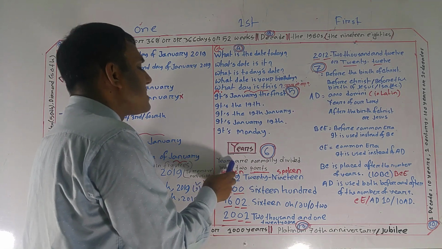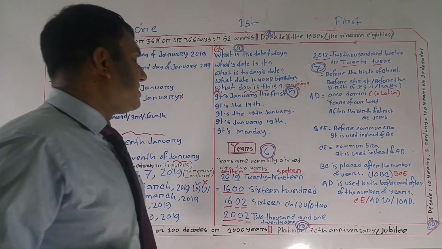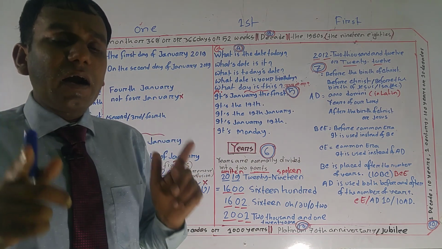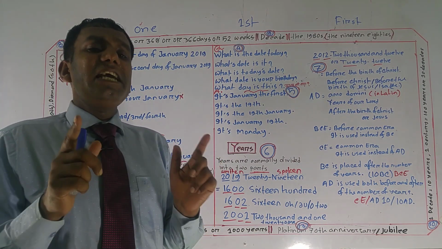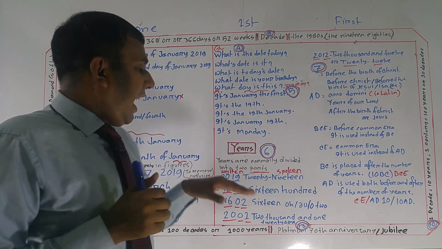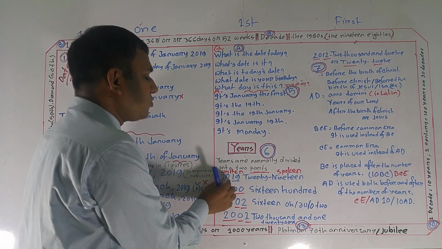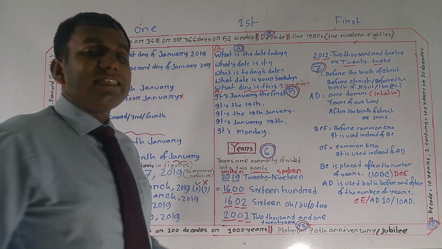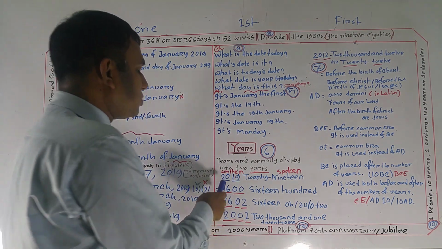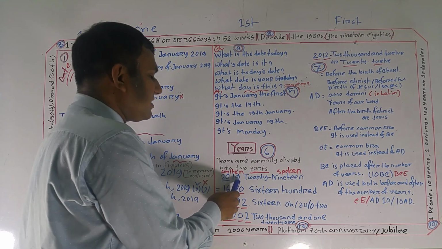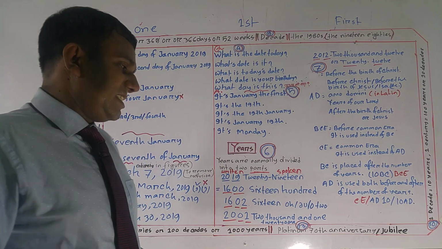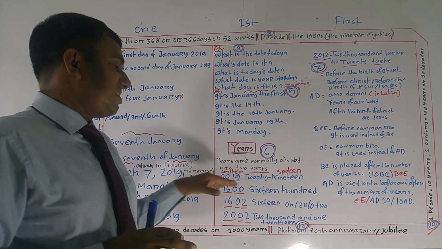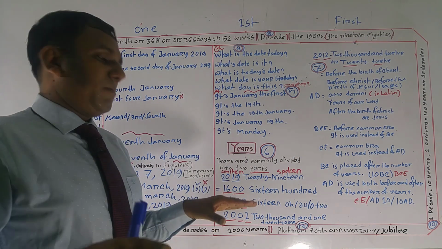Years are normally divided into 2 parts: the first 2 digits are one part and the other 2 digits are the second part. This is very informative for telling the years to someone.